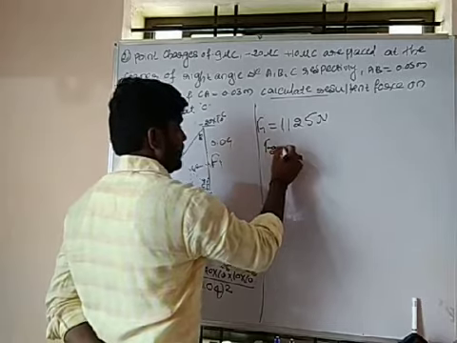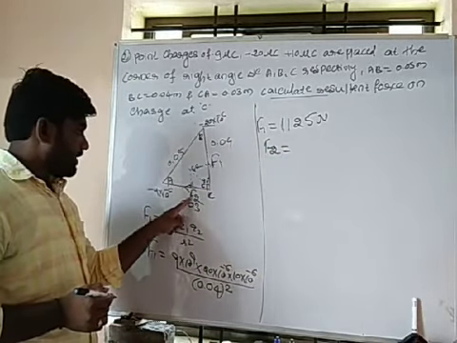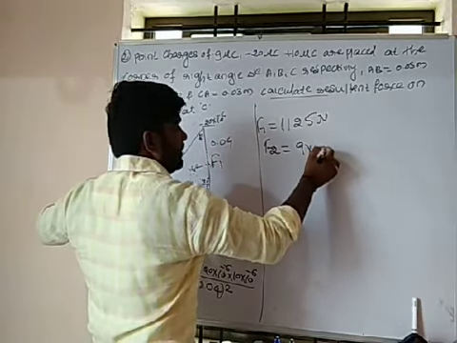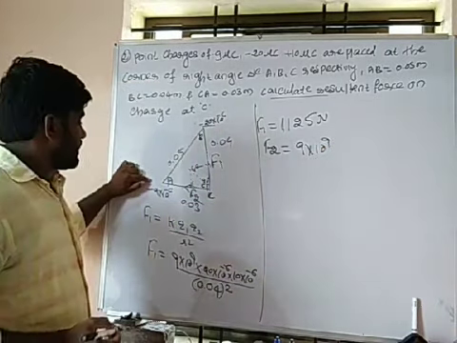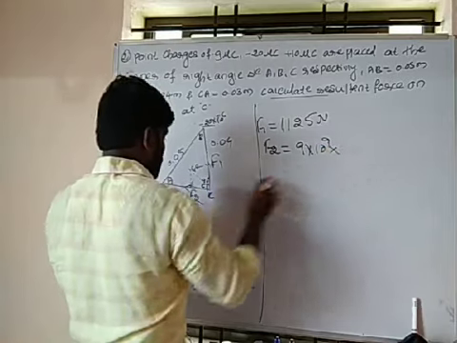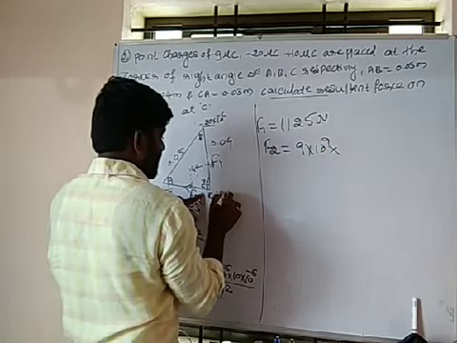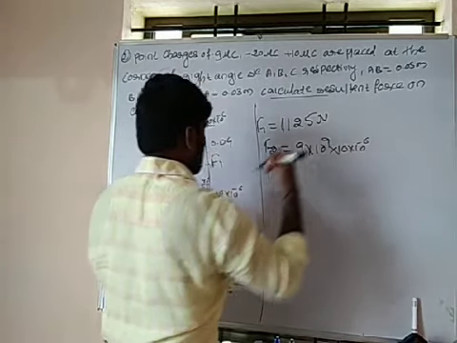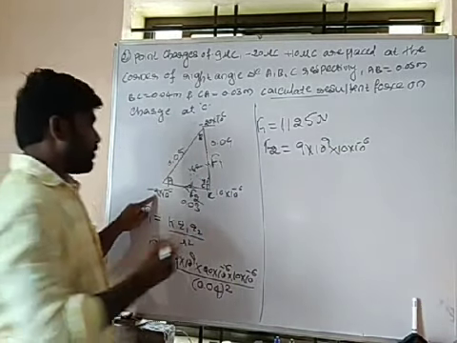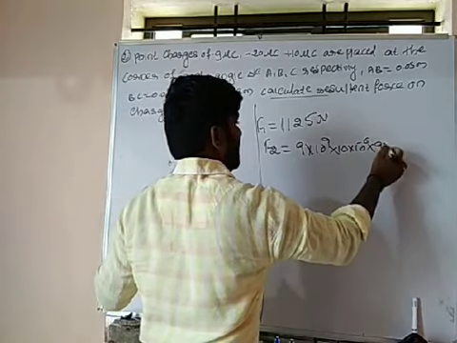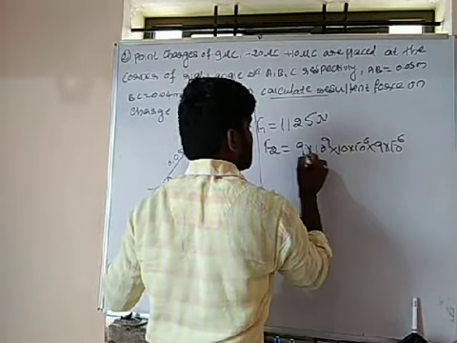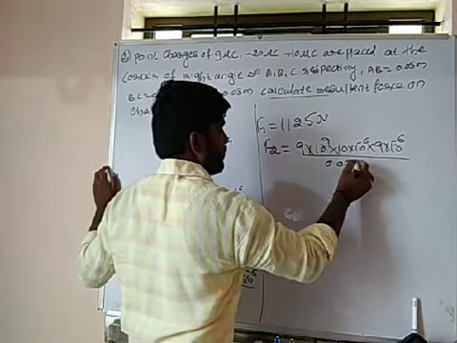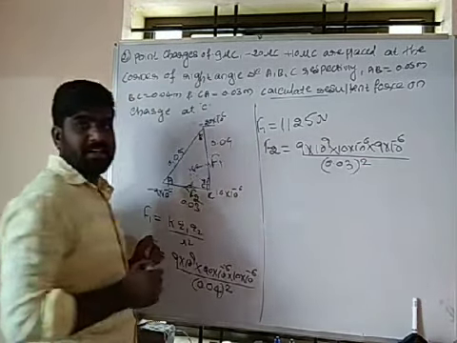Then calculate F2. This F2 will be 9 into 10 to the power 9, K, Q1, which is 10 into 10 to the power minus 6, Q2 into 9 into 10 to the power minus 6, whole divided by the separated distance, which would be 0.03, squared.